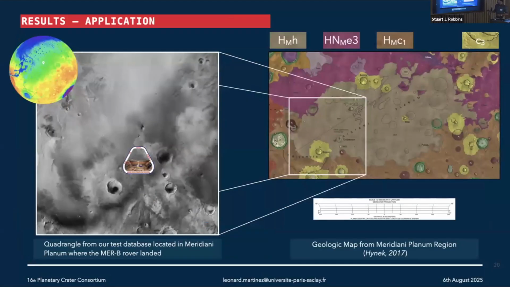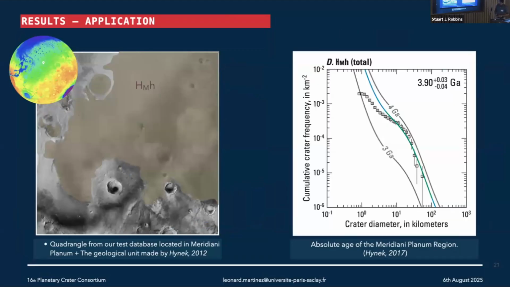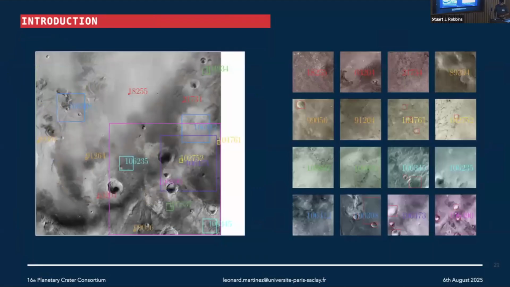We tried to make an application, and another very good study which mapped the landing sites of the Opportunity rover here, by the author Heinek in 2017, made this dating curve, and so we tried to run our algorithm on it.